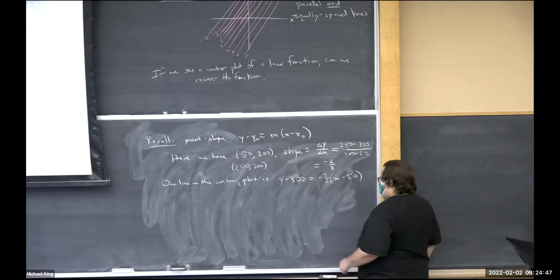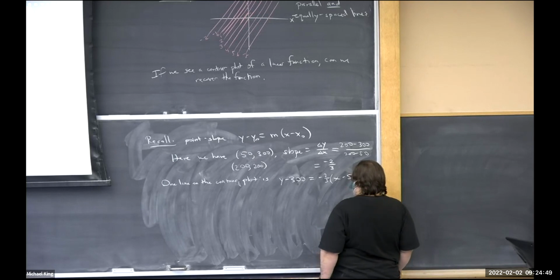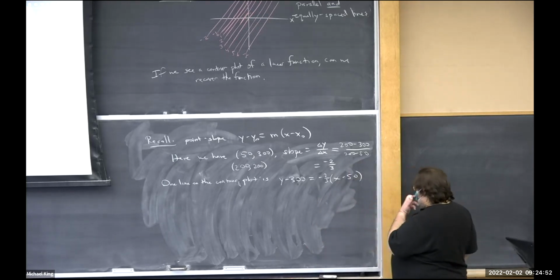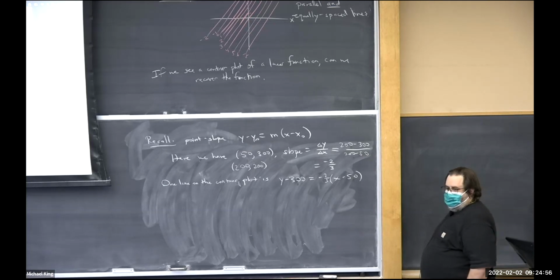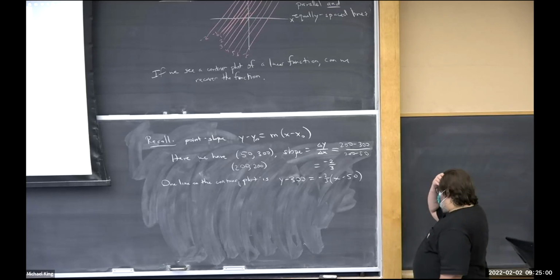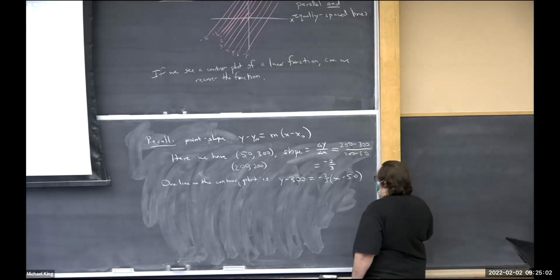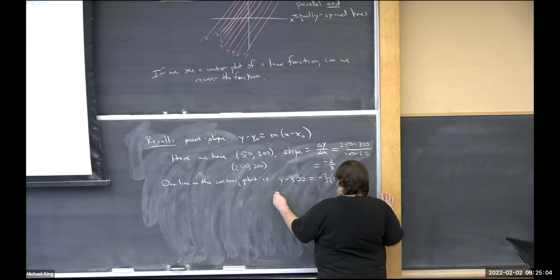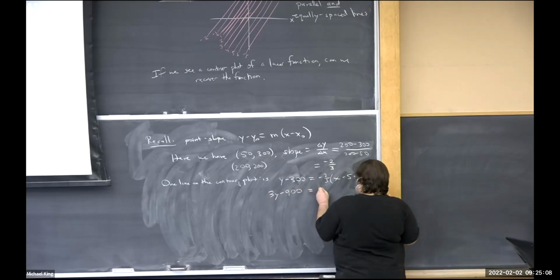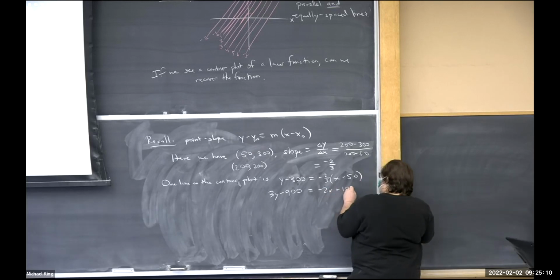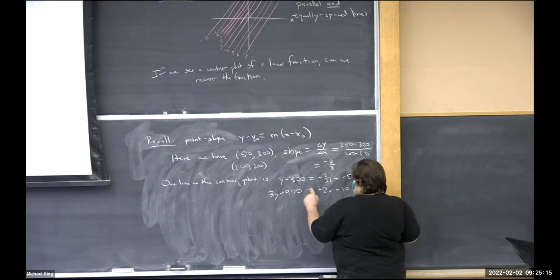Actually, there's some nice things you can do here. We want to find the x and y slope, so I could multiply by 3 and get 3y minus 900 equals negative 2x plus 100. I multiply the negative 2 through there, and the 3 up over here.